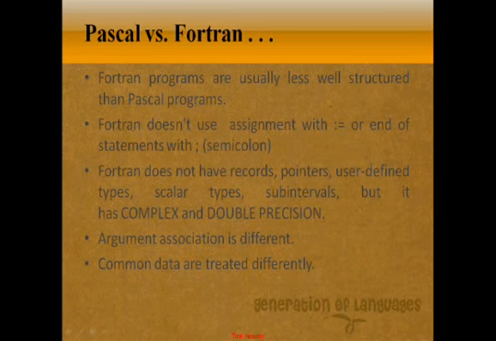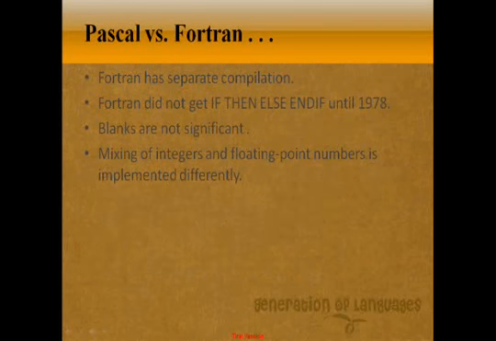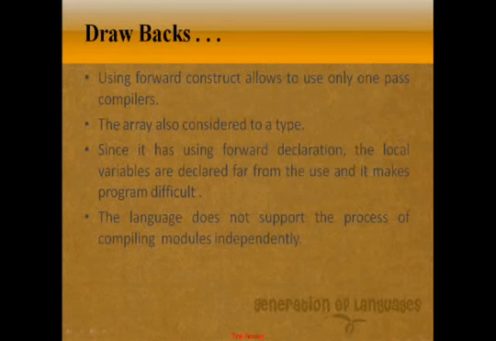Argument association is different. Common data are treated differently. Fortran has separate compilation. Fortran did not get if, then, else, and if until 1978. Blanks are not significant. Mixing of integer and floating point numbers is implemented differently.